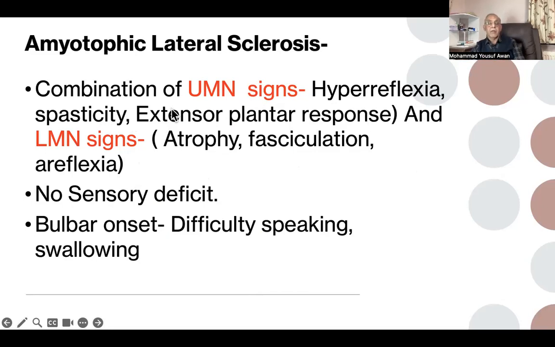This specific condition, a type of motor neuron disease, is amyotrophic lateral sclerosis, which can cause both upper and lower motor neuron signs. But there will be no sensory deficit, and there is bulbar involvement that results in difficulty speaking and swallowing.